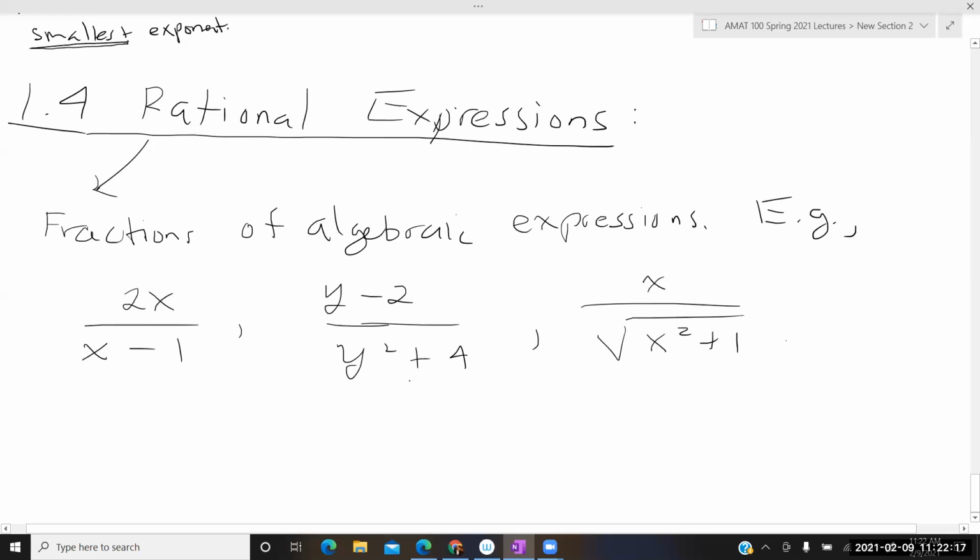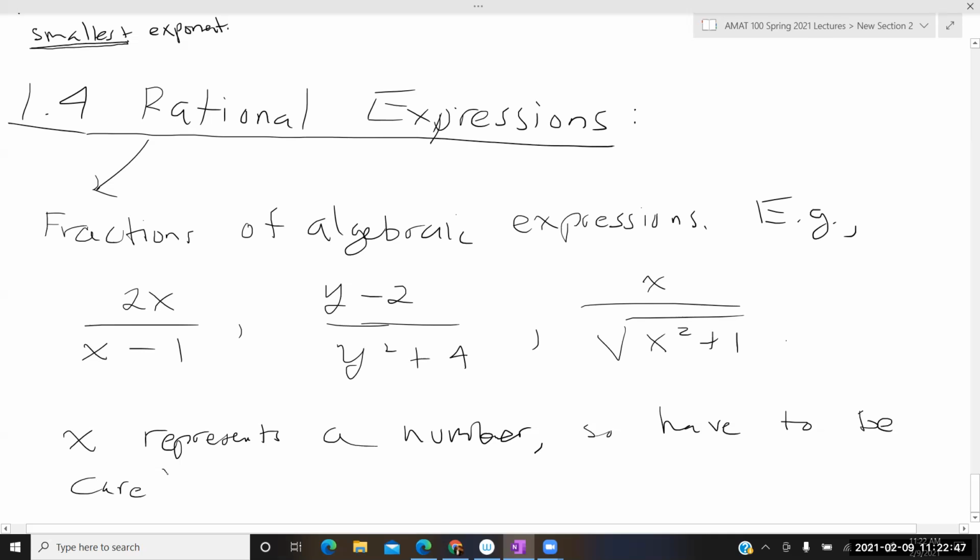Because x can represent a number from a set, we have to be careful about what that set is.